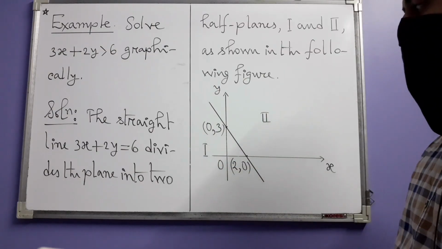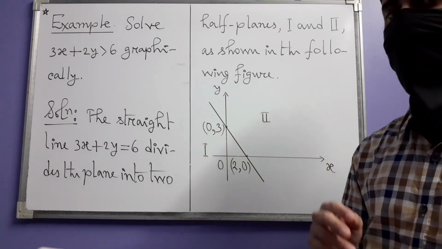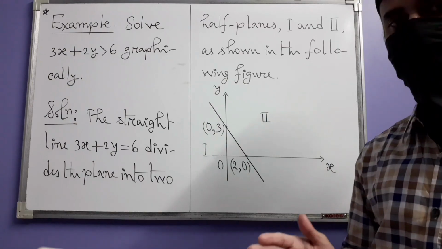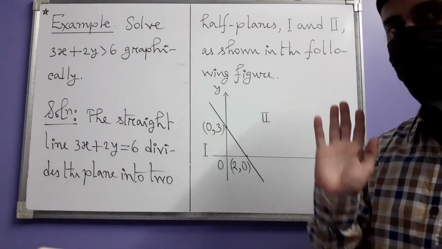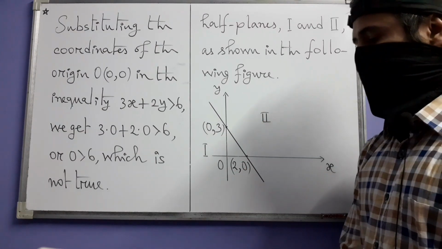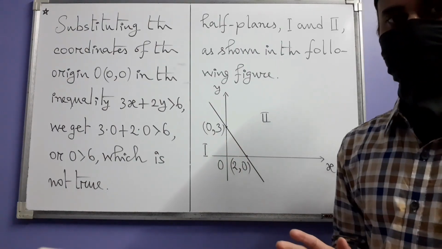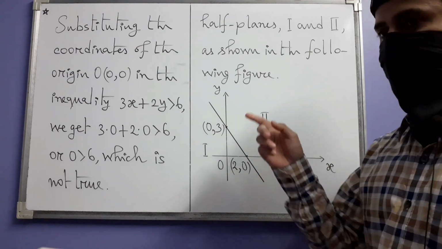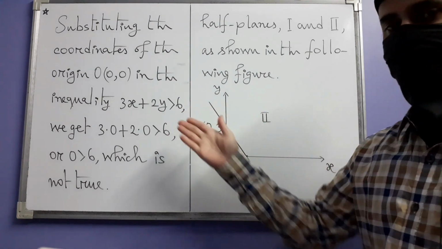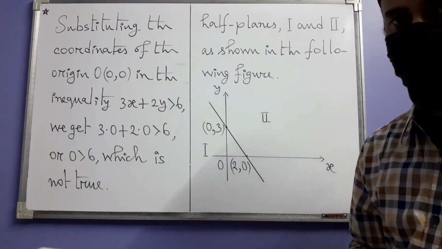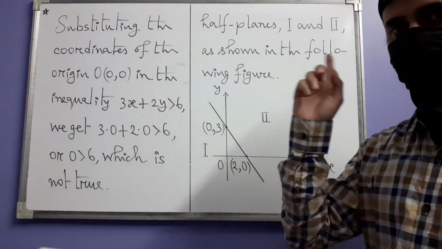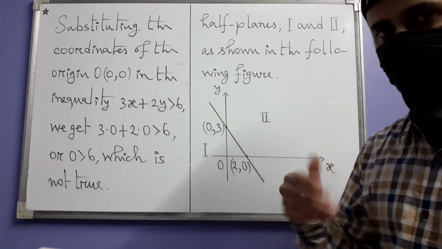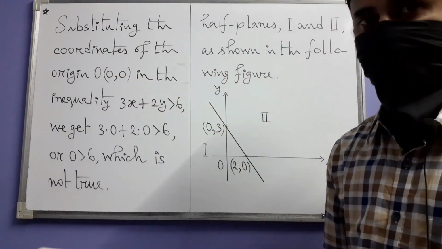Now we have to decide which one of these 2 planes represents the solution set of the given inequality, because from theory we know that exactly one of them will be the solution set. So next we have to pick any arbitrary point from any one of these 2 half planes, substitute the coordinates of that point in the inequality and see if it is satisfied or not. As we already noted before, it is very easy to choose the origin, whose coordinates are of course 0 and 0.